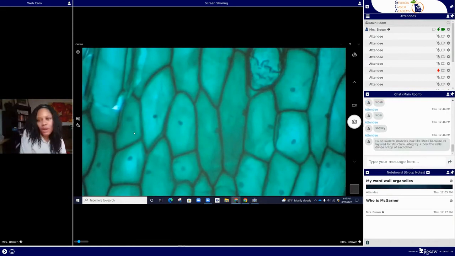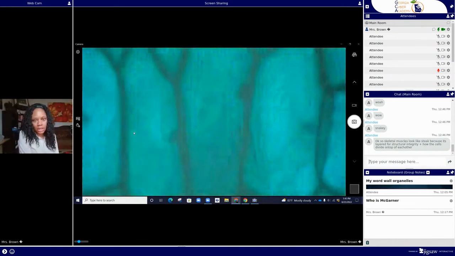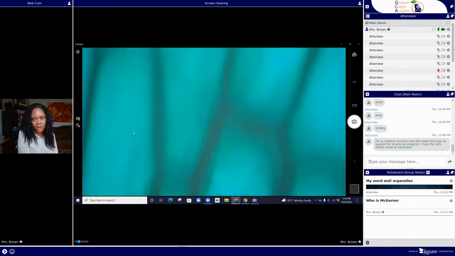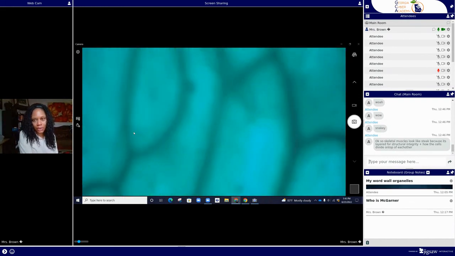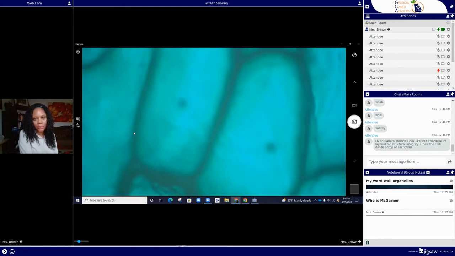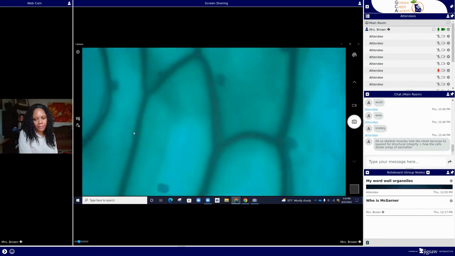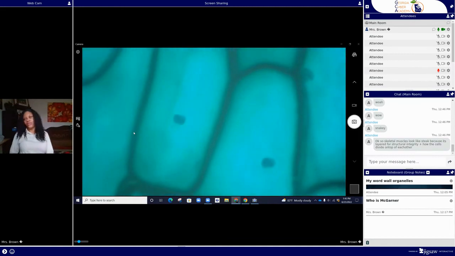And if I look in very closely, you might be able to see a central vacuole. The central vacuoles are easy to see too in plant cells. I think this is the central vacuole.